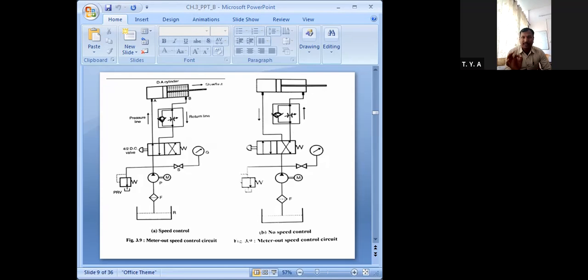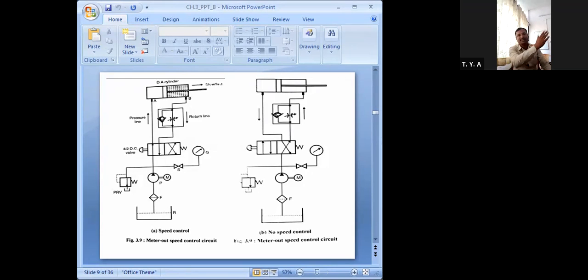The only difference is that the meter out flow control system controls the oil flow rate out of your cylinder. In other words, I can tell that the meter out circuit controls the retraction speed of your circuit.